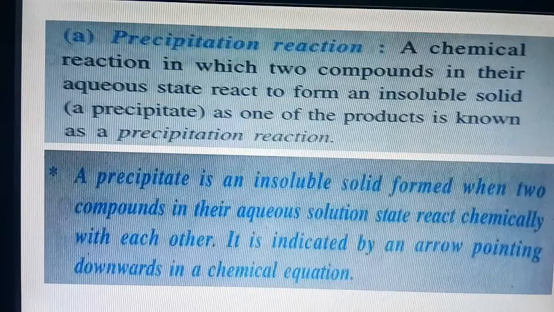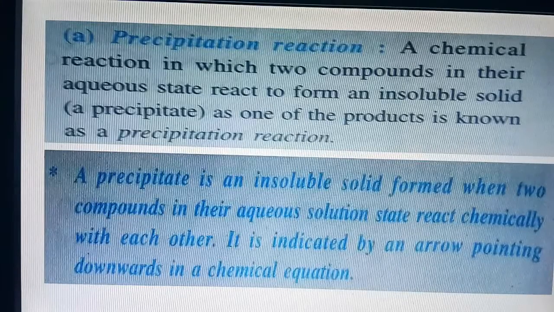Okay, so let's see what a precipitate is in detail. A precipitate is an insoluble solid formed when two compounds in their aqueous solution state react chemically with each other, and the product formed is an insoluble solid.